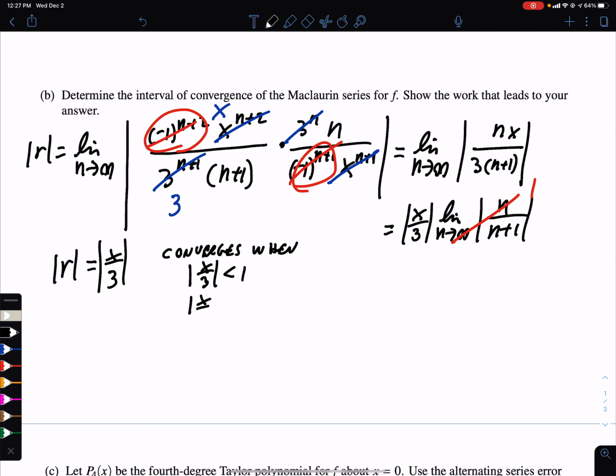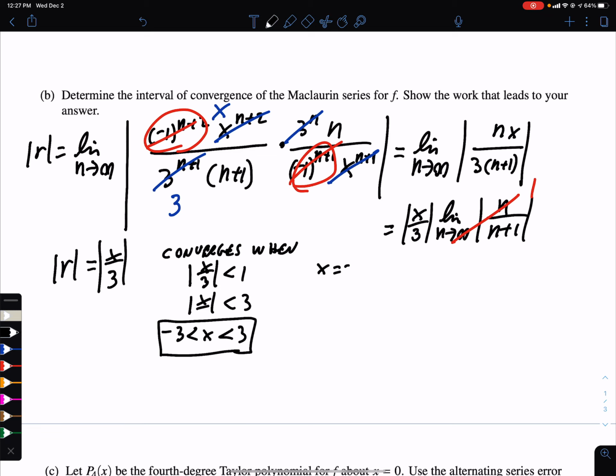Absolute value of x is less than 3. And getting rid of the absolute value, it converges between -3 and 3. But with the ratio test, when r equals 1, it's inconclusive. What value makes 1? +3 and -3. So we need to test those points also.